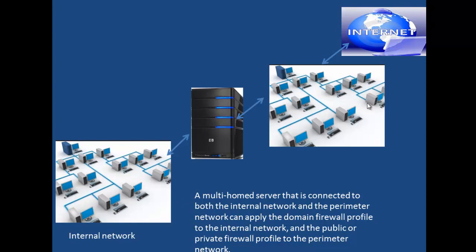So therefore, we can apply the domain firewall profile to the internal network and the public or private firewall profile to the perimeter network, so that all three of the profiles can exist simultaneously on the network. Let us take a look at group policy to see how these profiles are set up.